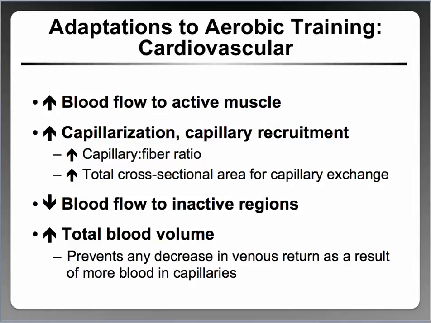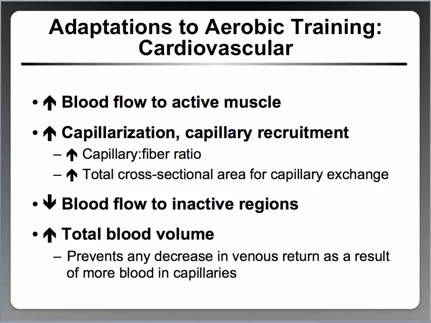So one of the questions that you might have, and this is addressed in the last point there, is if I increase my total number of capillaries by 15%, or if I increase capillary recruitment so they can open up to a wider diameter, and all the blood goes there, does it affect my ability to then carry out venous return?